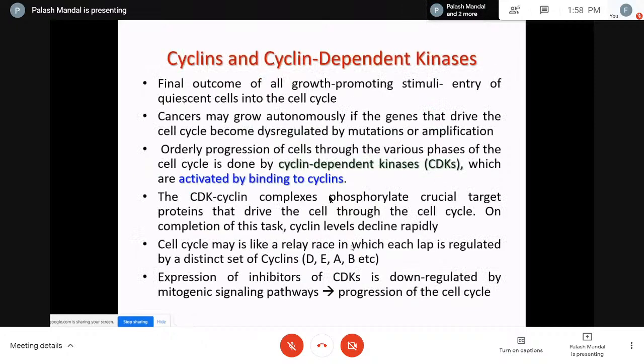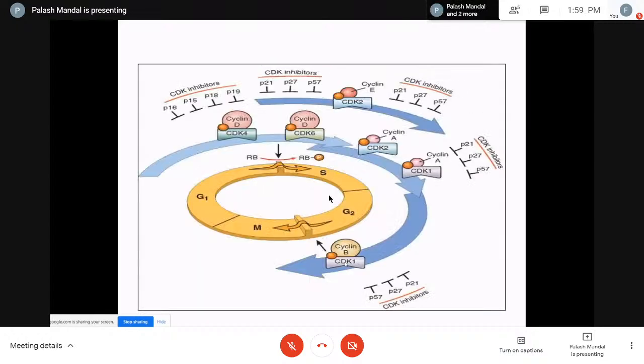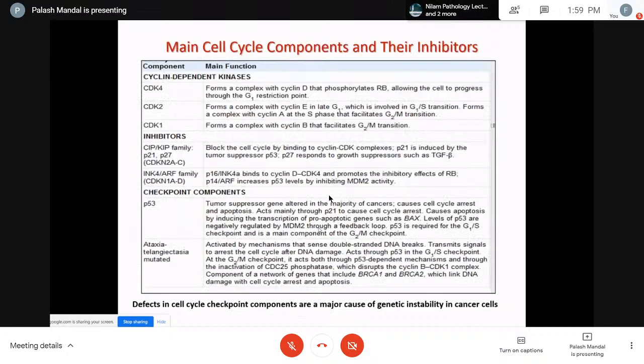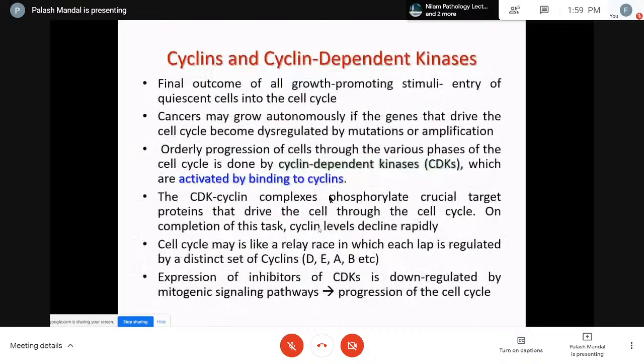And CDK cyclin complexes, what do they do? They phosphorylate crucial target proteins. They phosphorylate target proteins and help the cell cycle to progress. So you see, cell cycles we had discussed before also.